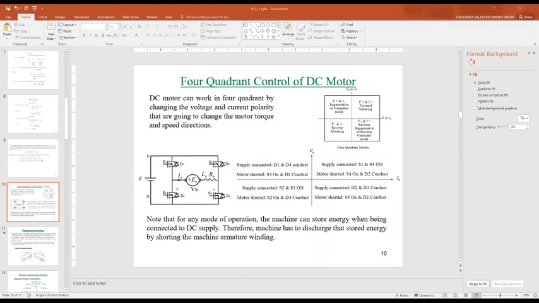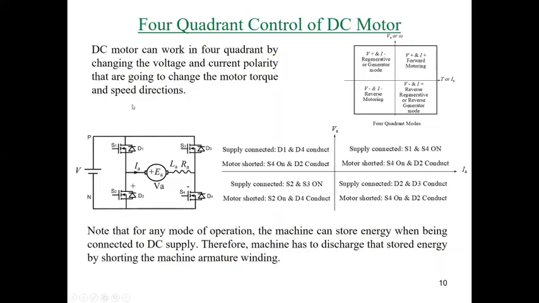So for the 4 quadrant control, Shabab, we have a circuit in order to apply the motor operation in any mode. We can apply the operation in the 4 quadrants using this circuit, which is called a 4 quadrant DC chopper.